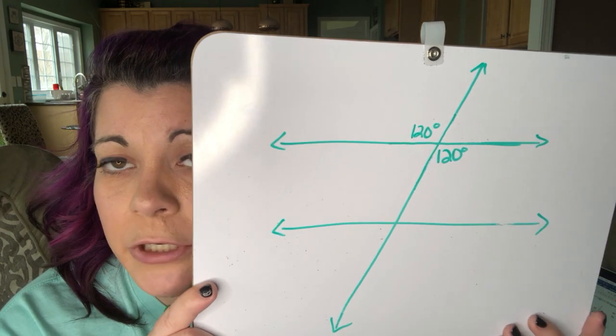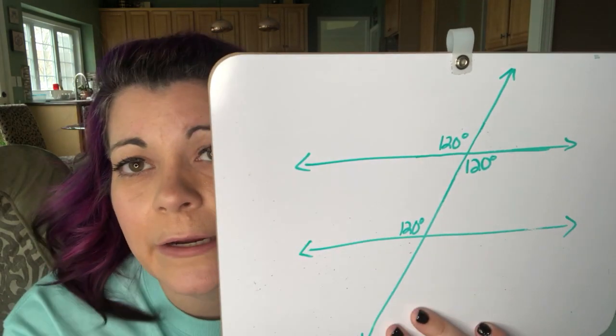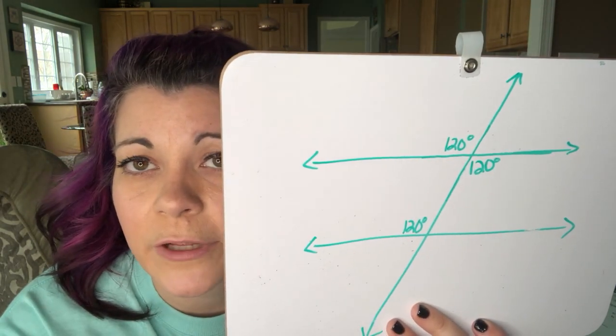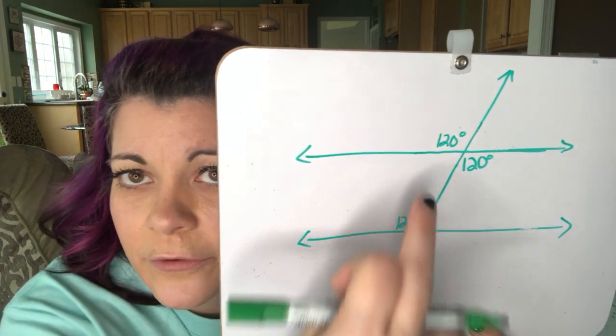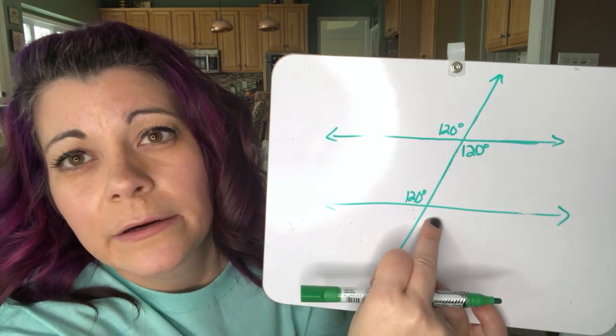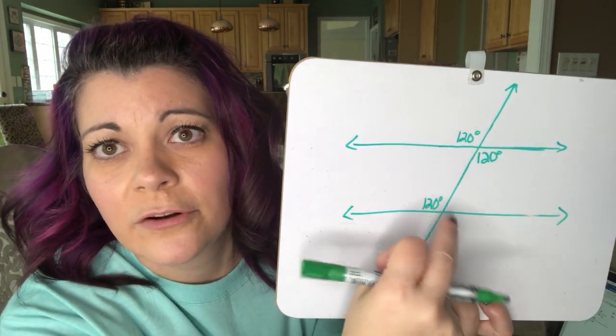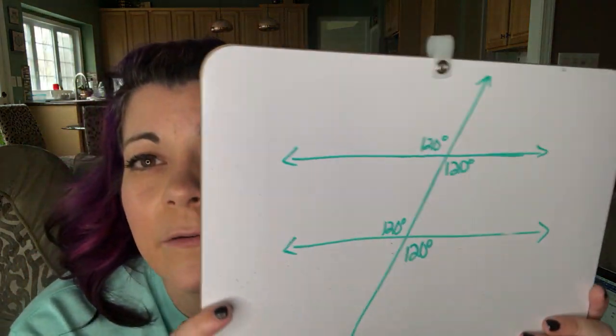So 120 degrees, and this one, that's alternate interior, 120 degrees, so this one right here is also 120 degrees. Alternate interior. I can say corresponding angles. So over here, the angle that corresponds to 120 is right here, 120. I can also say it's 120 because of vertical angles. So all of those angles are 120.